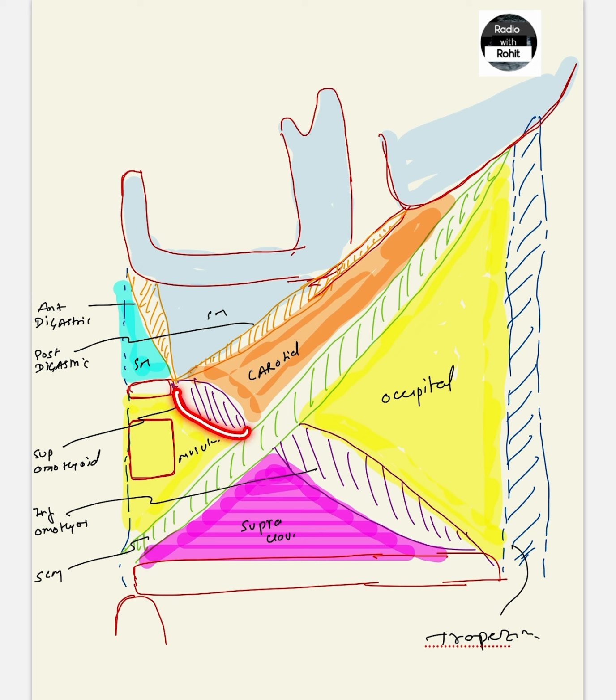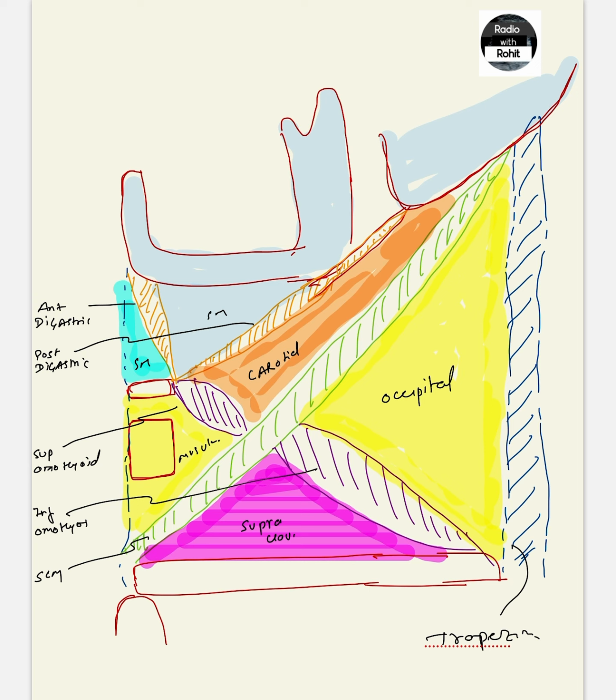This is our superior belly of the omohyoid. This is the inferior belly of the omohyoid. The space between the superior belly of the omohyoid, the lower one-third of the sternocleidomastoid and the anterior imaginary line is called the muscular triangle.